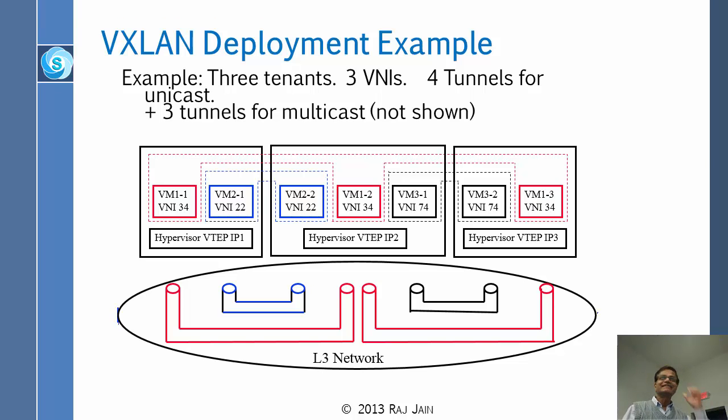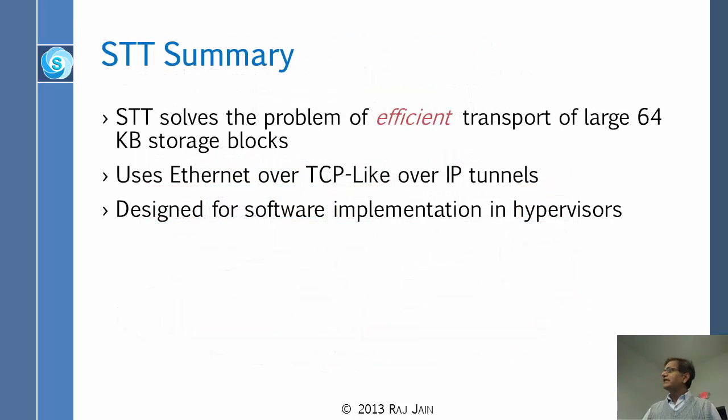That's all that is. They're efficient for 64 kilobyte packets, as opposed to VXLAN, which may not be efficient. But having said all this, VXLAN is the industry standard right now. VXLAN is implemented everywhere you go, and the others are trying to get in there. All right, I think we finished all the summary, and so that should be it.